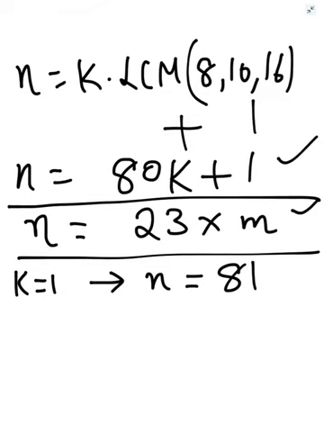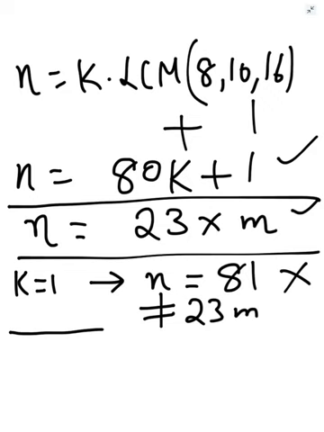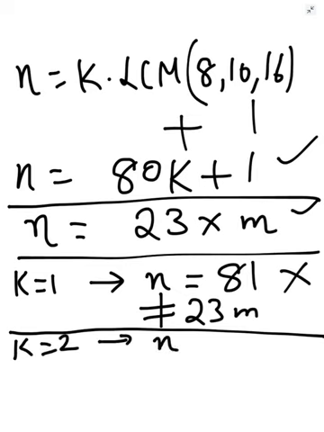We can see it is not a multiple of 23, so not equal to 23 into m. That means 81 is not satisfying both equations, so 81 cannot be the solution. So we move on, put k equal to 2. n is 80 into 2, that is 160 plus 1, 161.